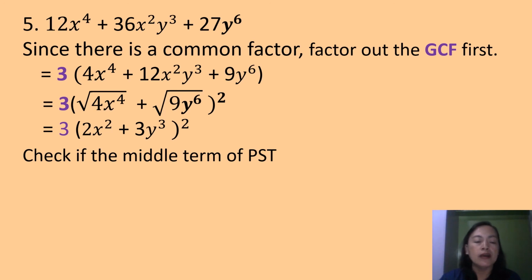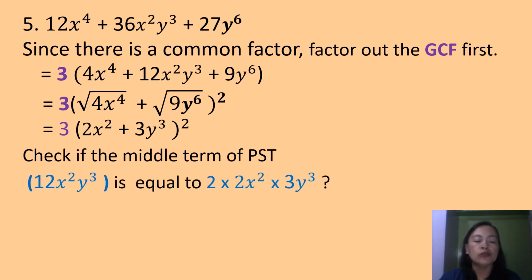Since they are equal, we can say that 12x to the power of 4 plus 36x squared y cubed plus 27y to the power of 6 is equal to 3, the quantity 2x squared plus 3y cubed squared. Okay? So we can say that this is now the final factors. Alright. Meron pa ba? Now I think it's your turn. Ready?